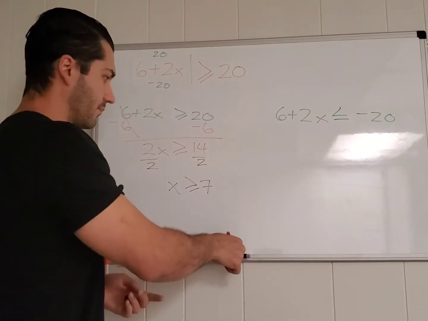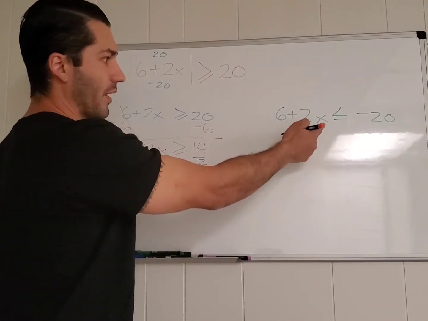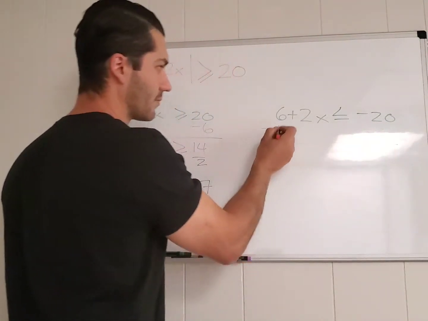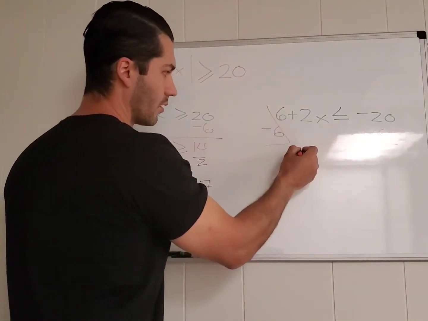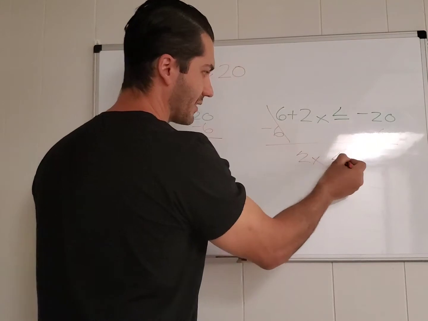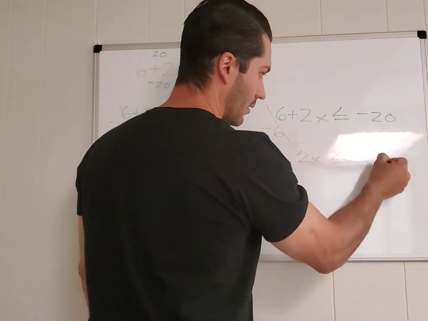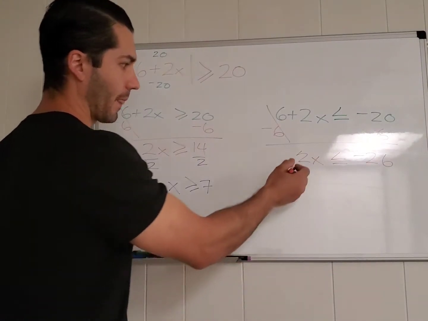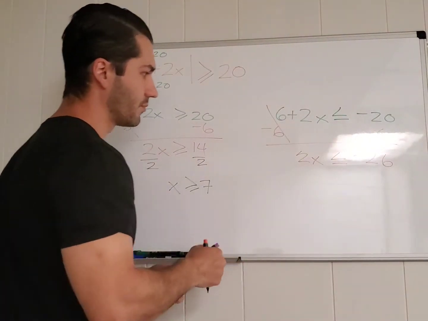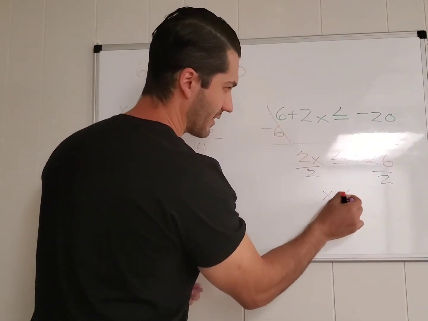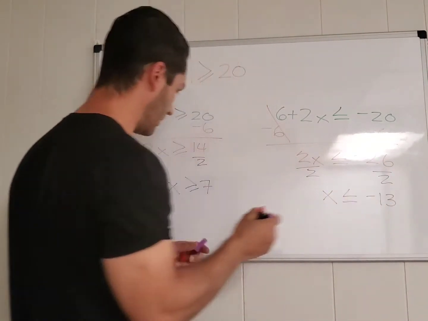That's one of them. Same thing here. I want to get x by itself. Minus 6, minus 6. 2x less than or equal to negative 20 minus 6, negative 26. Divide by 2, divide by 2. x less than or equal to negative 13.